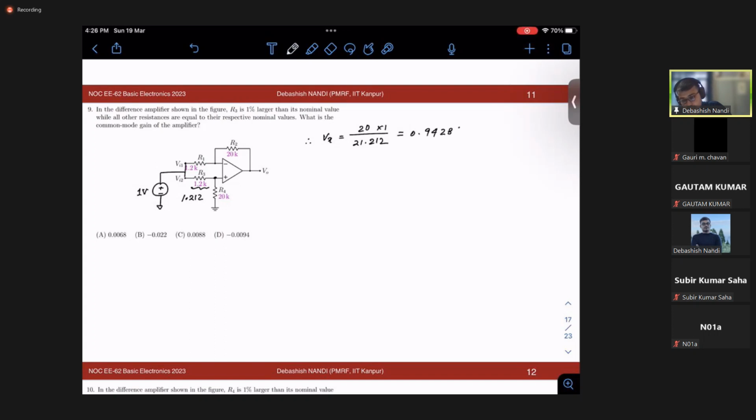So again, this will be 1 minus 0.94286 by 1.2 is equal to 0.94286 minus V naught over 20.